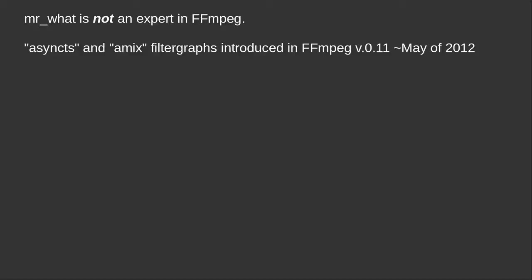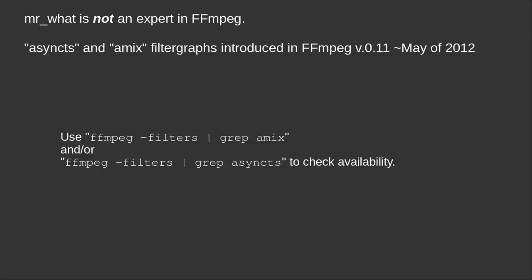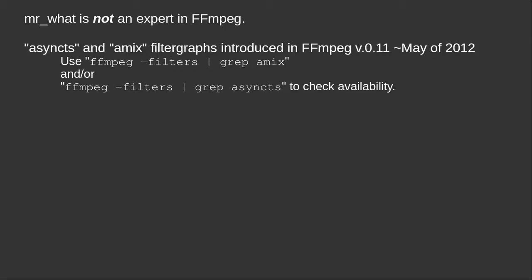Your build configuration needs to include a setting called enable-libswresample for these to both be included at the same time. You can test to see if these filters are available by using ffmpeg --filters | grep amix or grep asyncts to see if they're included in your build. Okay? Just a quick test there.